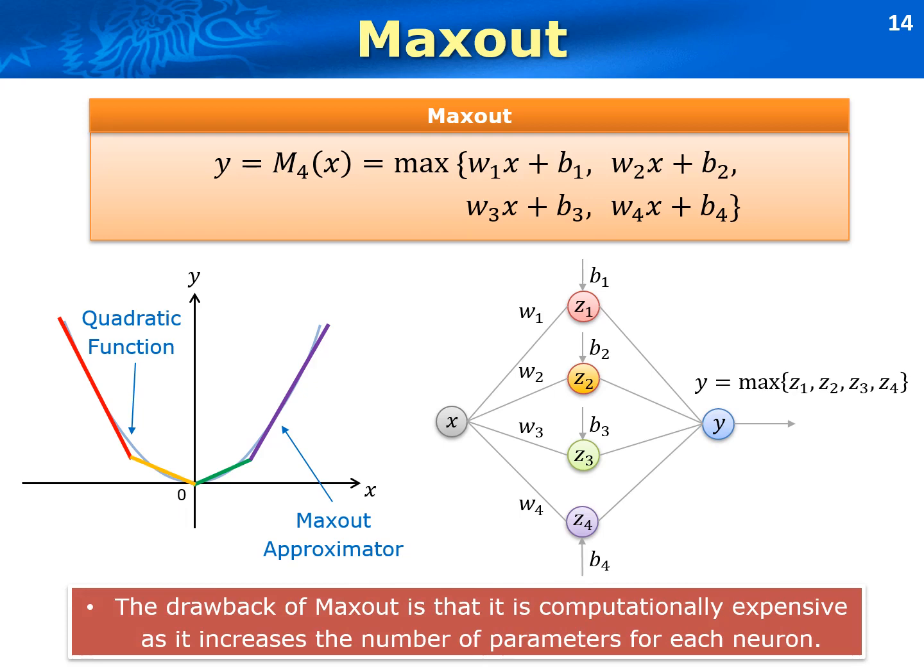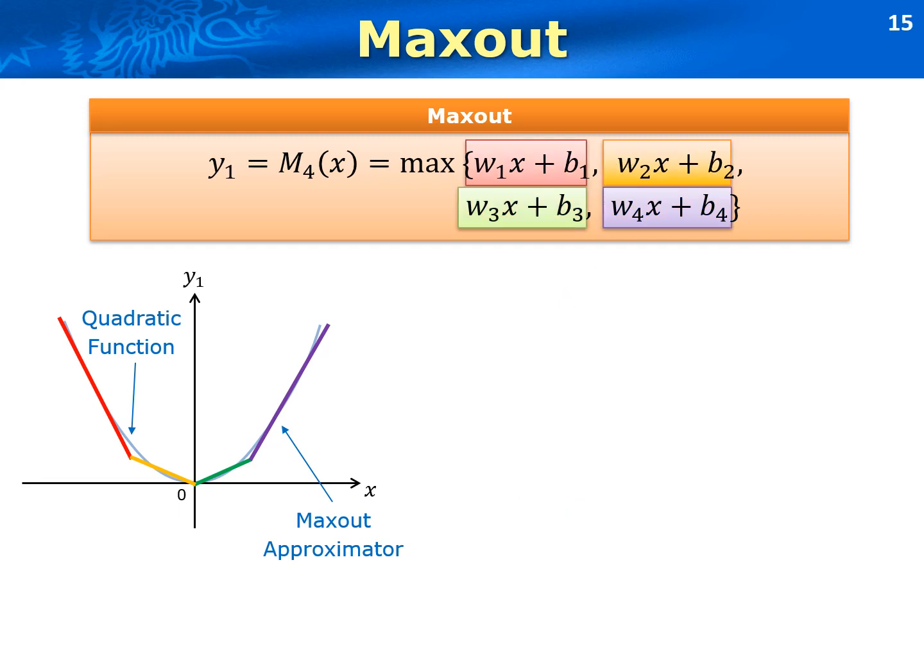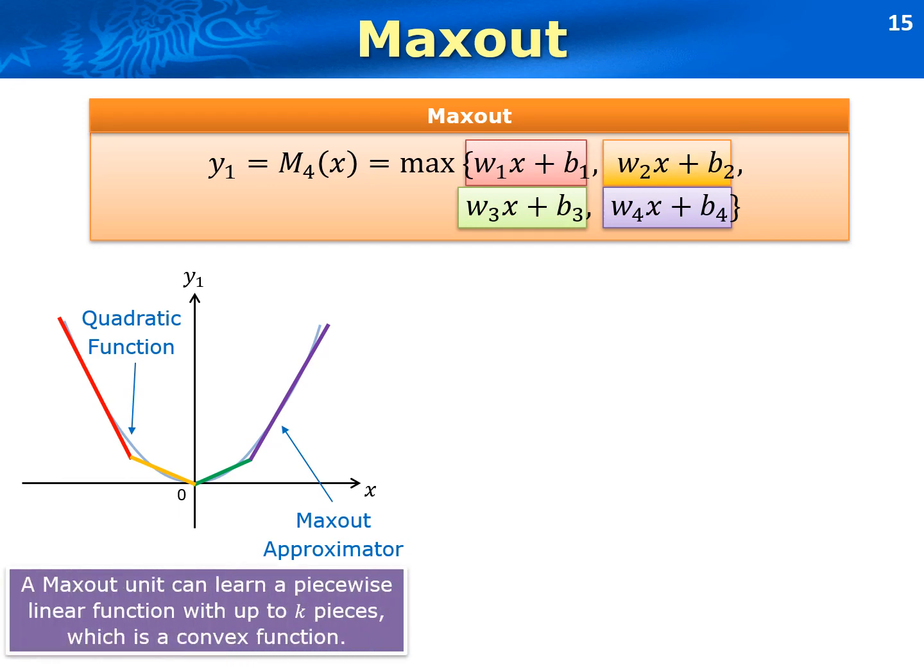From this example, we notice that a maxout unit can learn a piecewise linear function with up to k pieces. Due to the use of the max operator, the piecewise linear function generated by maxout is a convex function. Therefore, a single maxout neuron is good at approximating convex functions.